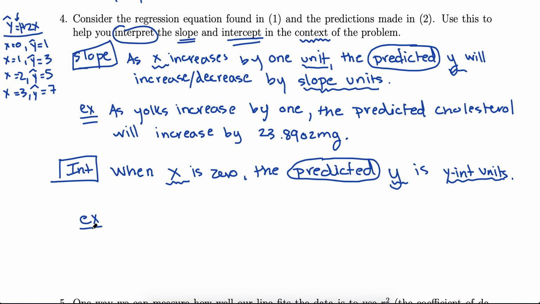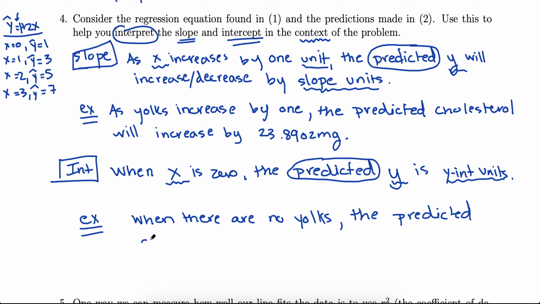So in our particular example, when x is 0 means we have no egg yolks, 0 egg yolks. So I'll say when there are no yolks, okay, that's my way of saying when x is 0, when there are no yolks, the predicted y, and in this case y is measuring cholesterol, is, and our y-intercept in this problem, if you're looking maybe closer to the top of your page, was that 12.2095 milligrams.